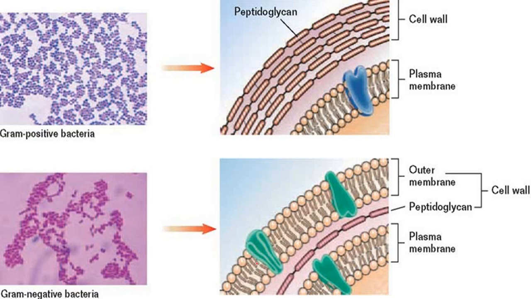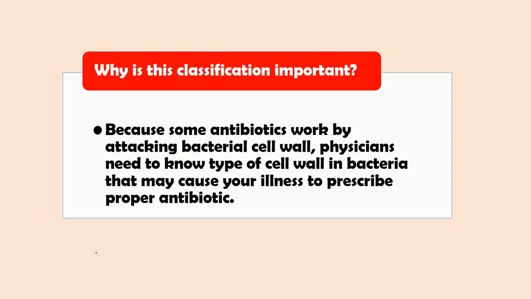If it's covered by a lipid layer that prevent most of the dye to reach the peptidoglycan, it will be stained a light pink color, and it's a gram-negative bacteria. So when we differentiate the bacteria by this dye in the cell wall, this helps the physicians to determine the type of the bacteria and to prescribe the appropriate antibiotic for treatment.